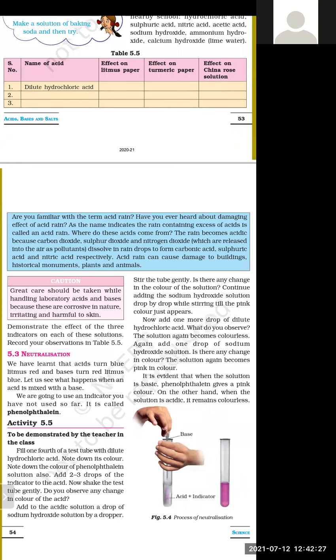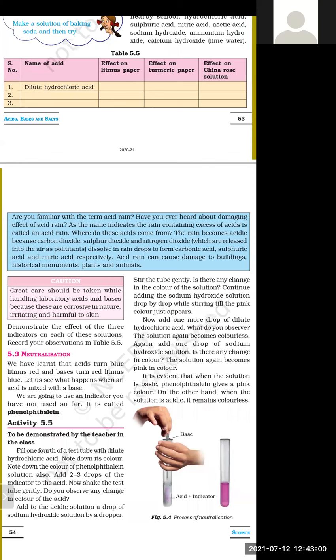And when the rain comes, this polluted air or these gases get mixed with the rainwater. That rainwater becomes acidic in nature and is known as acid rain. They dissolve in raindrops to form carbonic acid, sulfuric acid, and nitric acid respectively. Acid rain can cause damage to buildings, historical monuments, plants, and animals. So it is causing very bad damage.